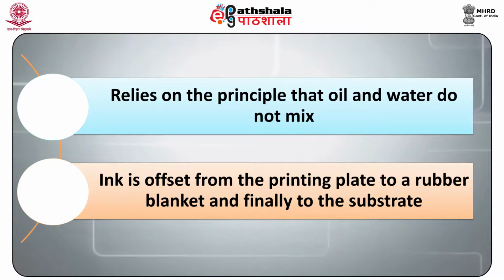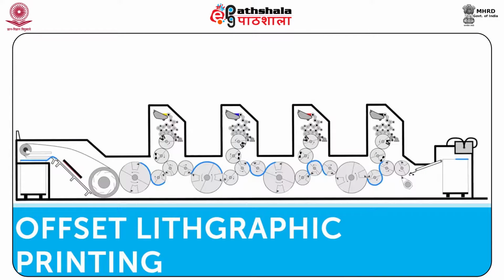It may be a paper or plastic surface. Offset lithography is a planographic printing process, meaning that the printed and the non-printed areas of the plate reside in the same plane. Simply put, a lithographic printing plate appears completely flat to an observer.